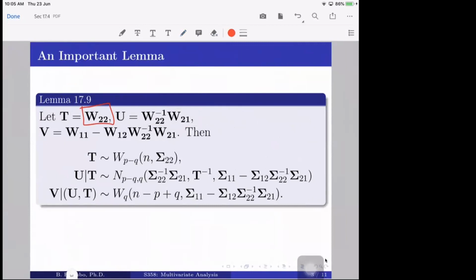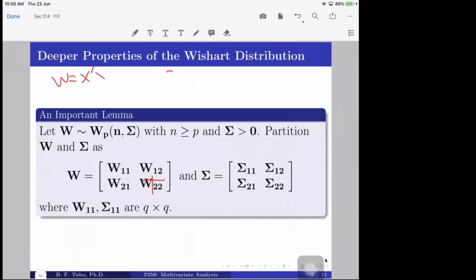Now, if you recall, how do you get an inverse of this kind of matrix?